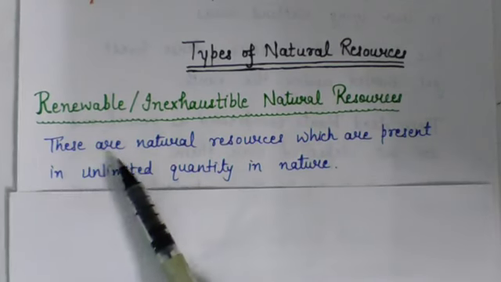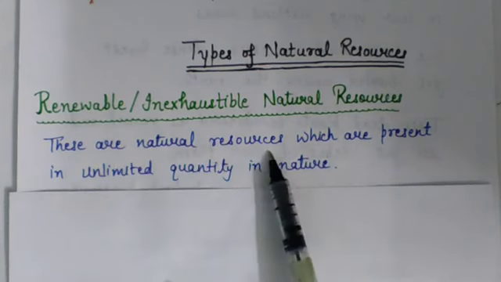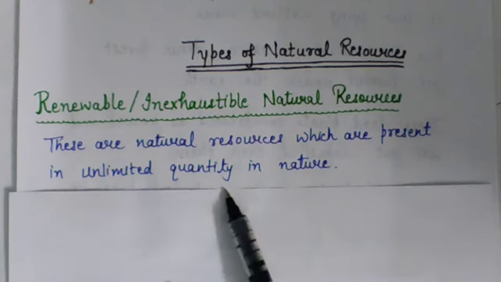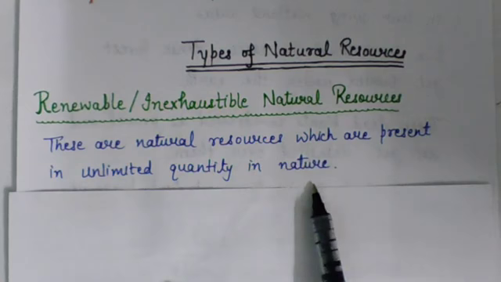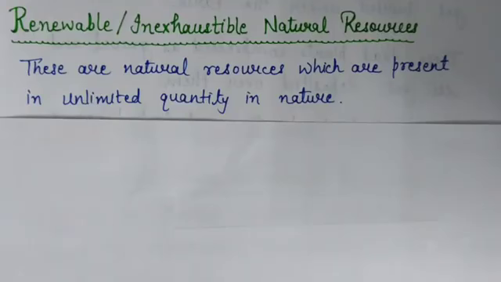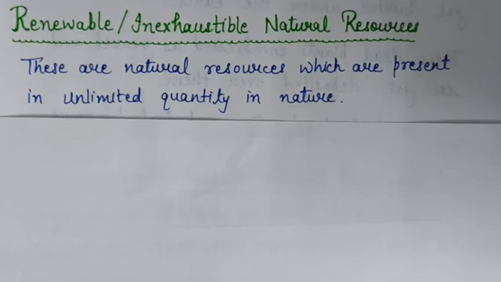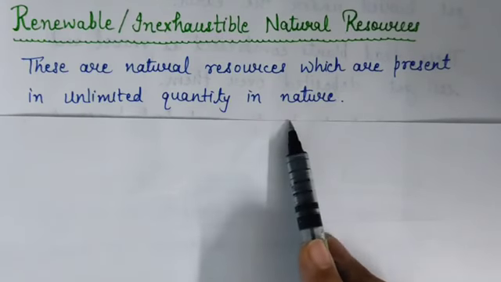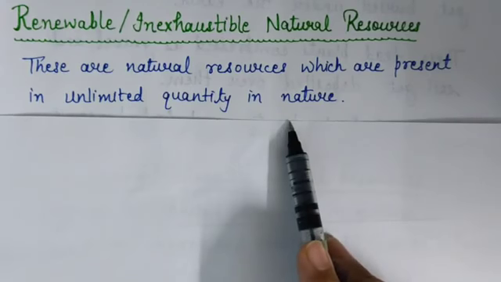These are natural resources which are present in unlimited quantity in nature. These resources can be continuously restored to a former level or condition. Means these resources cannot be exhausted because they are present in unlimited quantity in nature.